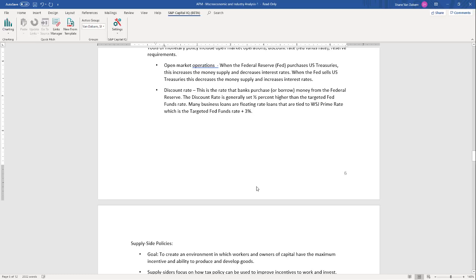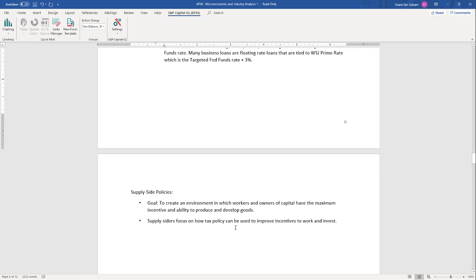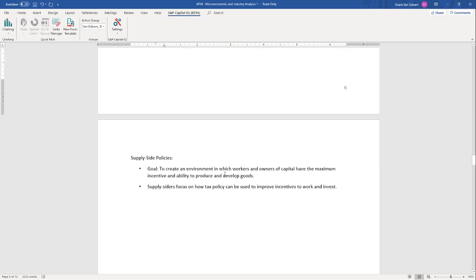Supply side policies. The goal of supply side policies is to create an environment in which workers and the owners of capital have the maximum incentive and ability to produce and develop goods. Supply-siders focus on how tax policy can be used to improve incentives to work and invest.